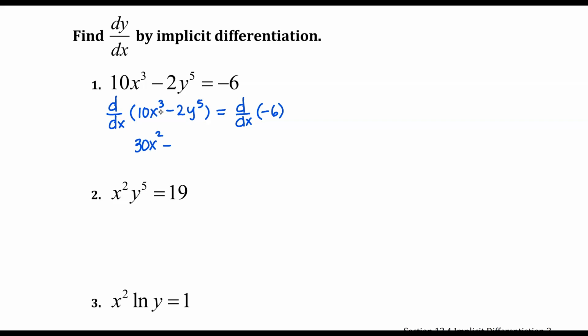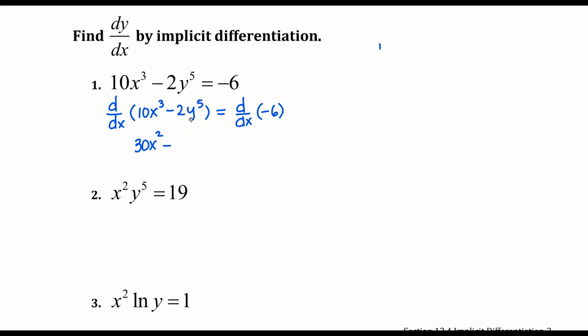Next, differentiate negative 2y to the fifth. Now to differentiate this, since y here does not agree with the variable here, you have a y here and you have an x here, that means you are going to use the chain rule.